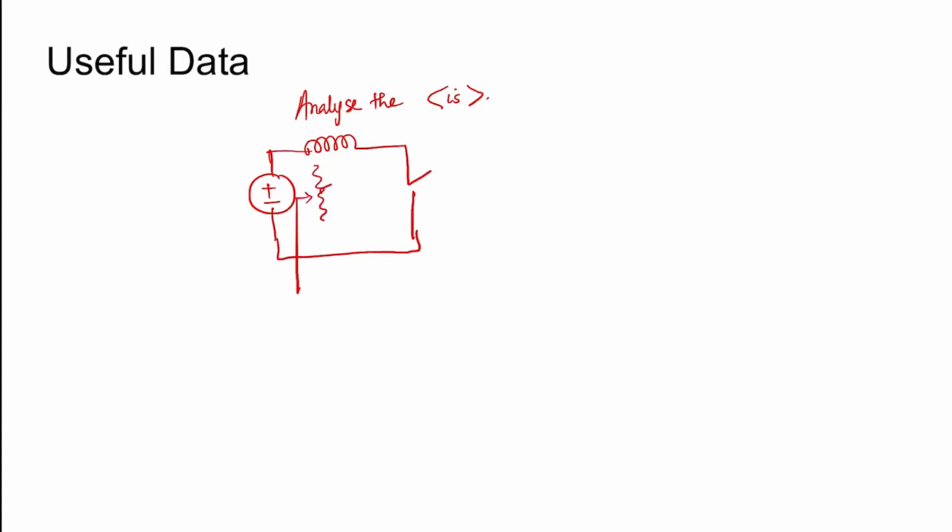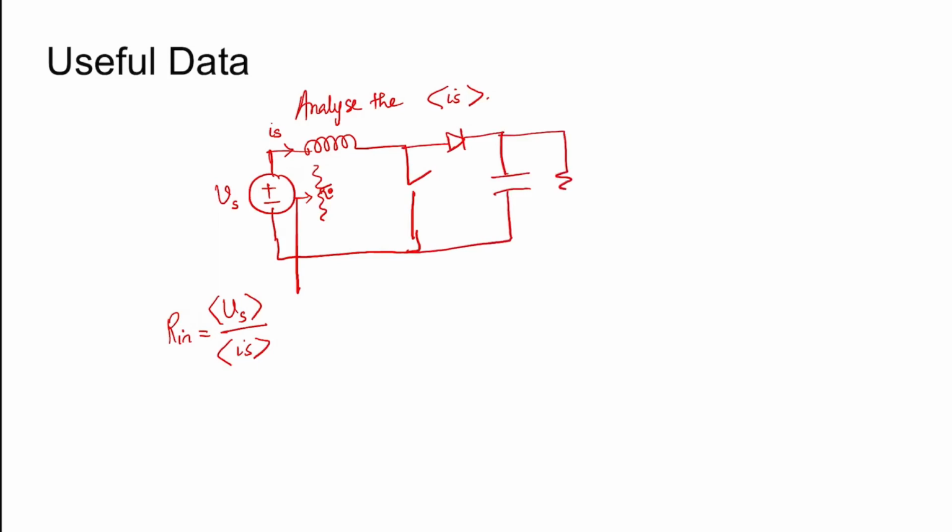So you are keeping your eye here and seeing the input impedance. This is the current sent from the source side and this is the voltage. Input impedance as per Thevenin's rule is average input voltage divided by average input current. Now there is a diode and this is the capacitor and this is the load resistance.